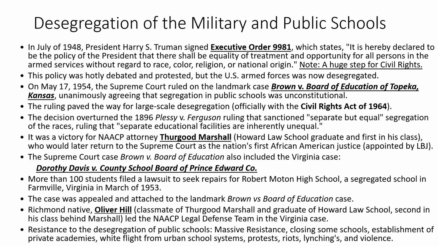How does the South and other parts of the country respond to Brown v. Board and Davis v. Board? A variety of ways. Massive resistance, trying to block or bar or create local and state laws to prevent African Americans from attending school. School closings, for example, Prince Edward County, in response to the Davis case, closed their public schools down for 5 years.